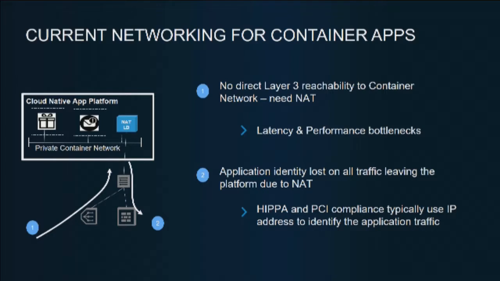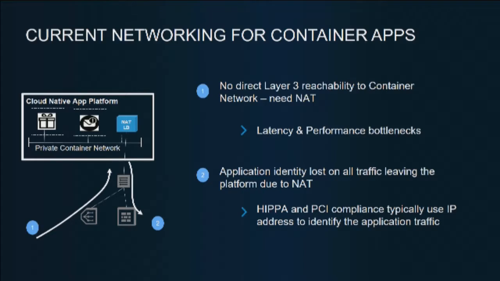A lot of customers are looking to move front end tiers or web tiers first into Kubernetes because those are the easiest applications to lift and shift into a Kubernetes platform. A bigger challenge is also the fact that whenever traffic leaves a container platform, there is NAT happening on every container host.